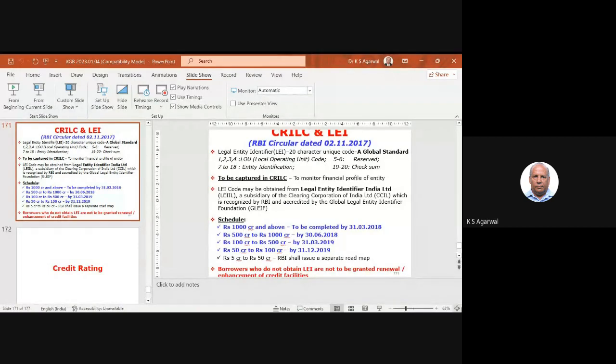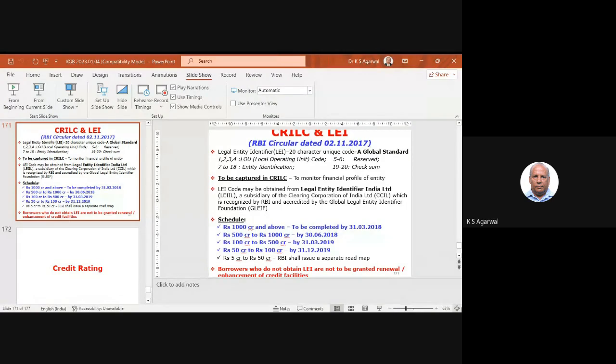LEI, you might have heard, Legal Entity Identifier. This is also a tool for credit monitoring now. It is a 20-character alphanumeric code and a global standard.